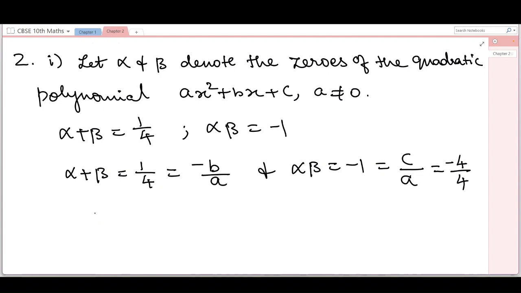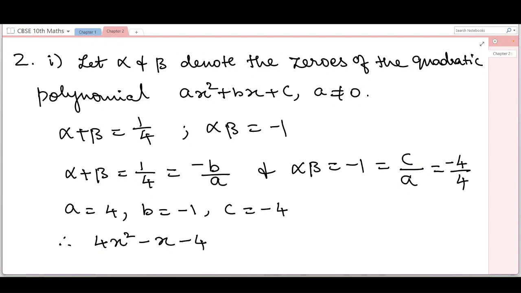So from this we can say a to be 4 and b to be minus 1 and c to be minus 4. So the required quadratic polynomial is 4x square minus x minus 4, right?